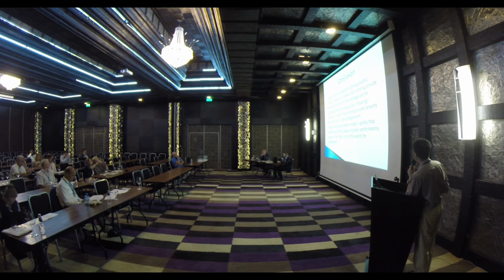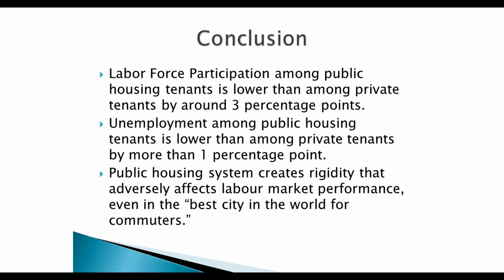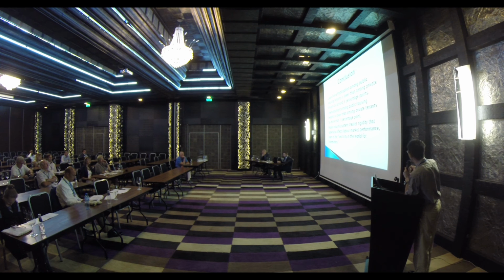So what can we conclude? Labor force participation among public rental tenants is lower than among private tenants by around 3 percentage points, and unemployment is higher by 1 percentage point. Keep in mind that the average unemployment rate throughout the sampling period in Hong Kong is just 3.5%, so this contributes 1 percentage point of that.